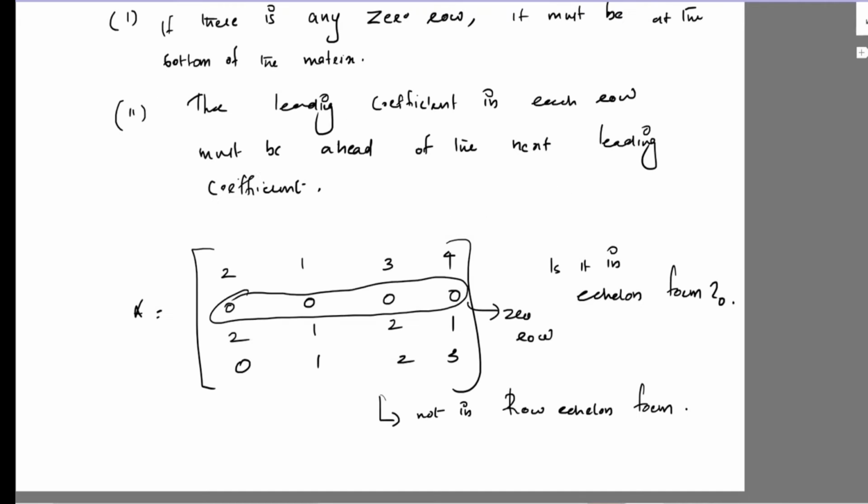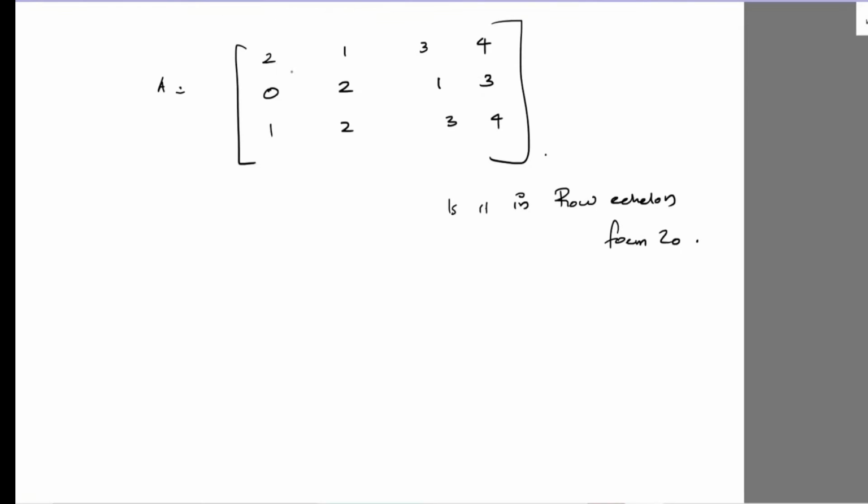Second condition says the leading coefficient in each row must be ahead of the next leading coefficient. Here you can see the first leading coefficient is 2 and the second leading coefficient is 2. The first leading coefficient is ahead of the second leading coefficient, right?